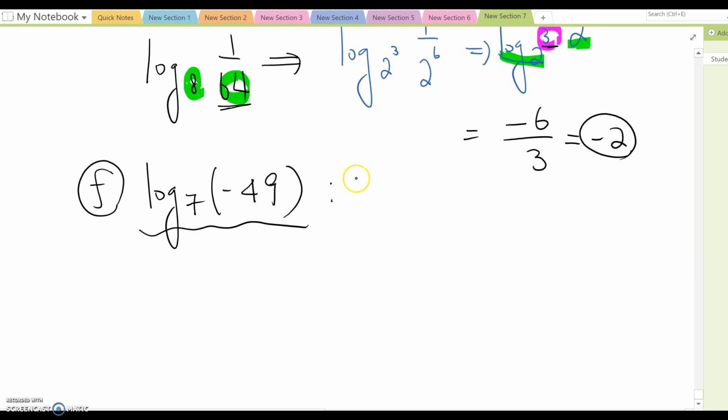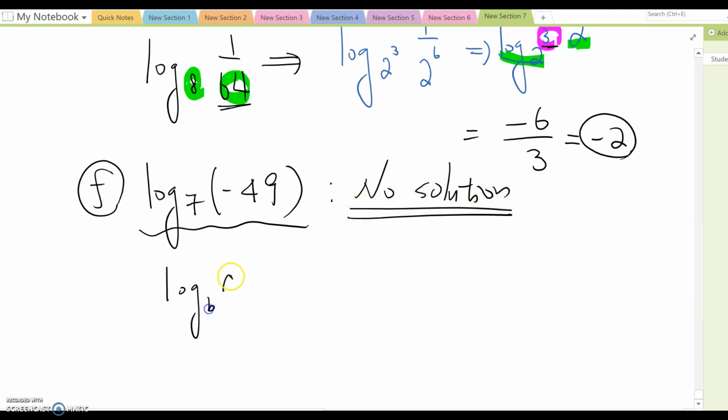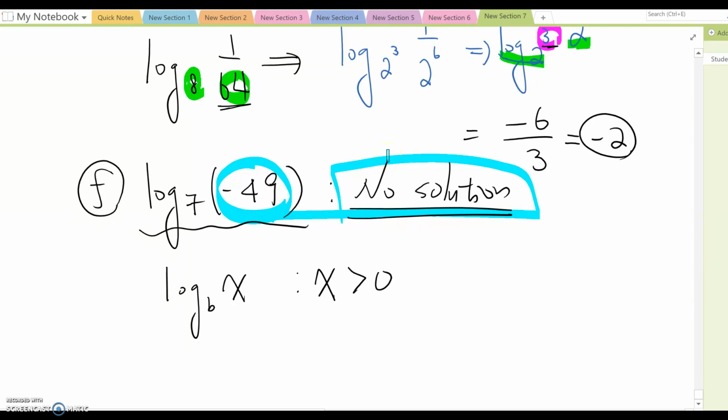Unfortunately, in this case, there is no solution, because the argument of a log with any base must be bigger than 0. It cannot even be equal to 0 either. Therefore, since this is negative 49, there will be no solution.